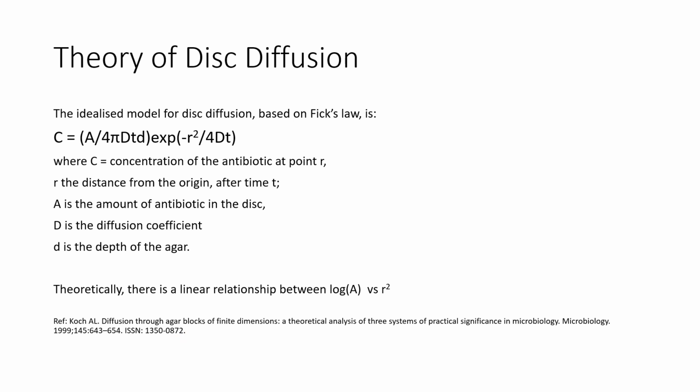We have the concentration of the antibiotic at a particular point r, which is the distance from the center, after time t. A is the amount of antibiotic on the disc, D is the diffusion coefficient, and small d is the depth of the agar.